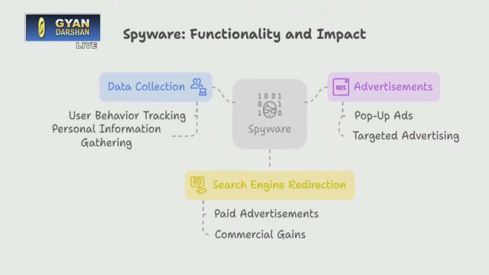Now, there is the class called spyware, and spywares work in a hidden way, and they are responsible for the unauthorized collection of data. They generally appear in the form of pop-up advertisements or targeted advertisements, wherein you find yourself very much attracted.